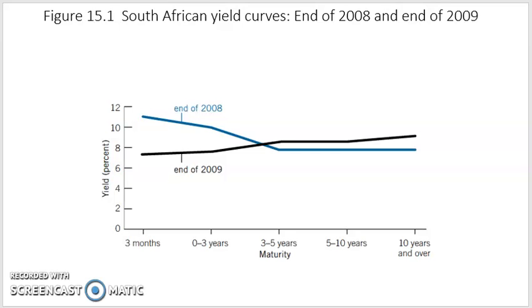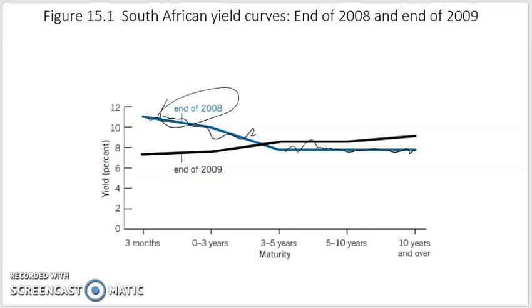One thing to note from this figure is that at the end of 2008, the yield curve was downward sloping, declining from a 3-month interest rate of 10% to an interest rate of 7.8% for bonds of 10 years or longer.